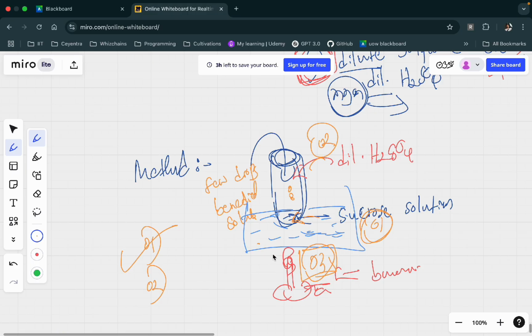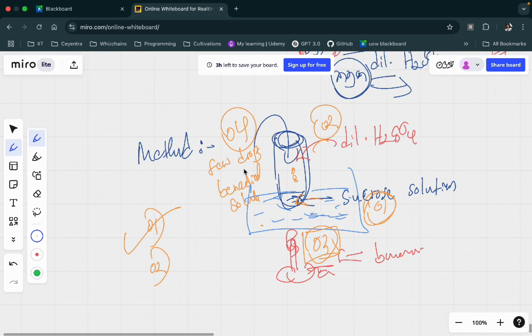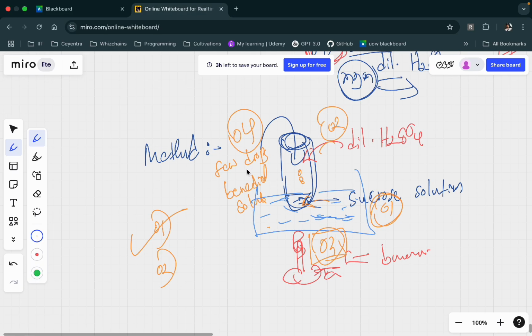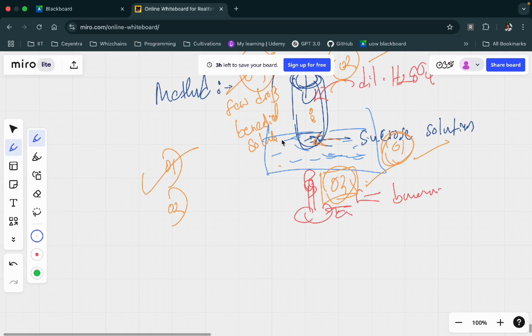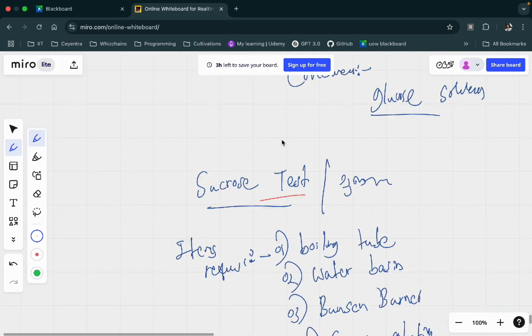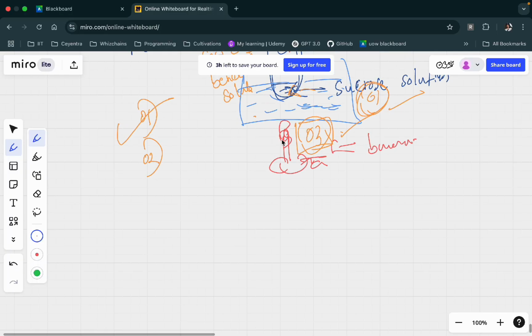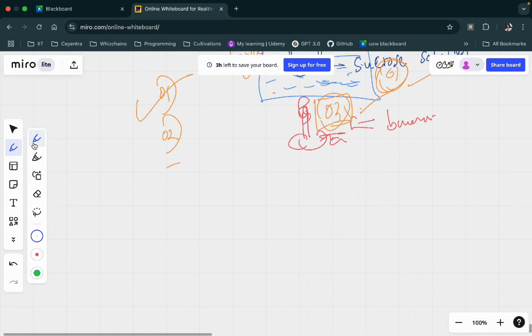Then finally you can add a few drops of Benedict solution. Okay, so this is the procedure, 1 2 3 4. Then you can get the same color change as in the glucose test.